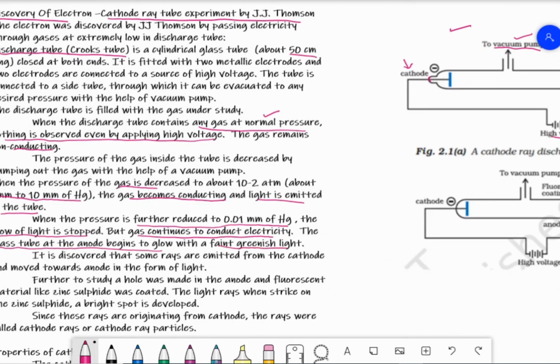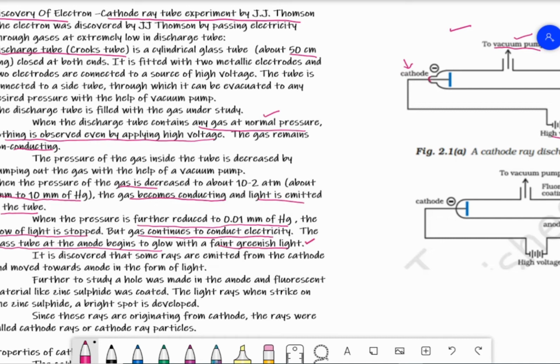So when we decrease the pressure to 0.01 millimeters of mercury, what will happen? The gas continues conducting electricity, but the anode side begins to glow. And what's the color of the light? It is a greenish light, you can see.